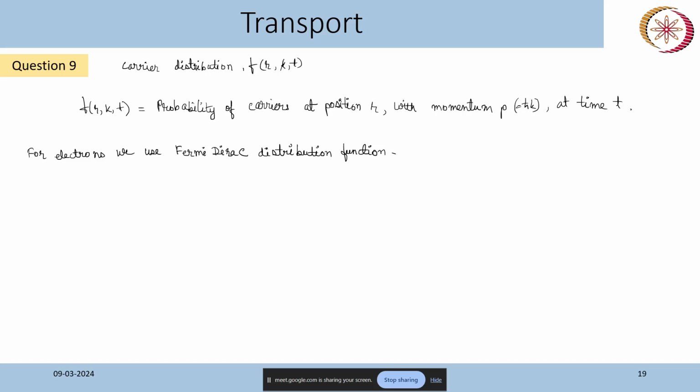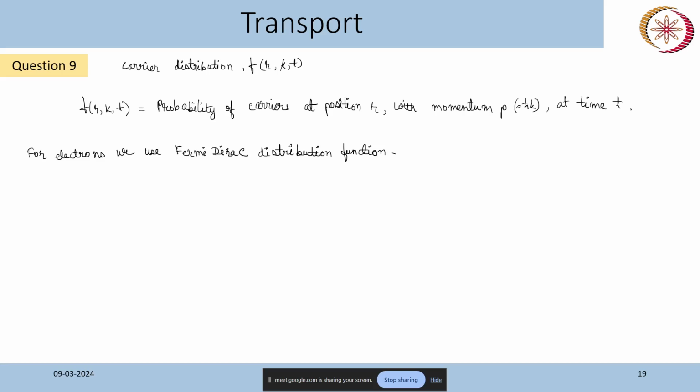Now let's solve the question. We will use this expression: f(k, r, t+delta t) = f(k, r - delta t v_k, 0).